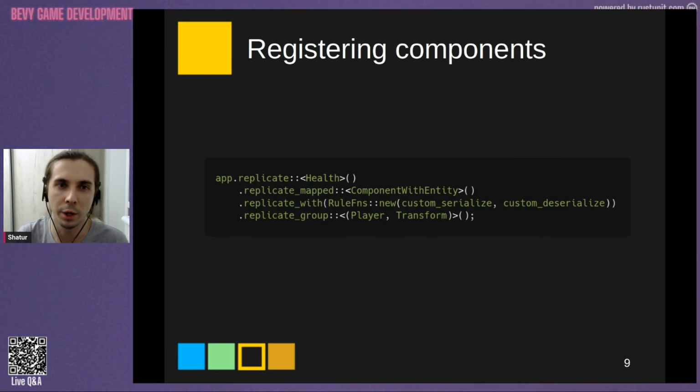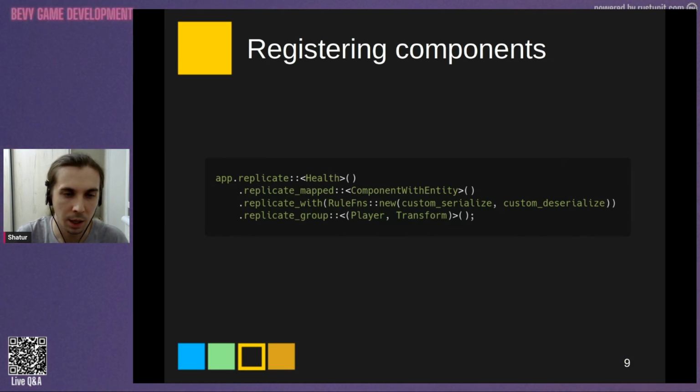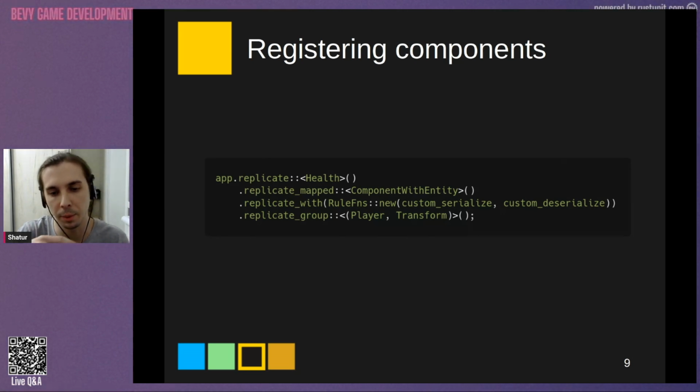So now we need to register components we want to replicate. Here's how it's done in Replicon. You can just call app.replicate and then put your components in here. Some components may contain an entity. And I mentioned previously that for replication, we need to map entities. And since a component can also contain entities inside, we also need to map the internals of such components.